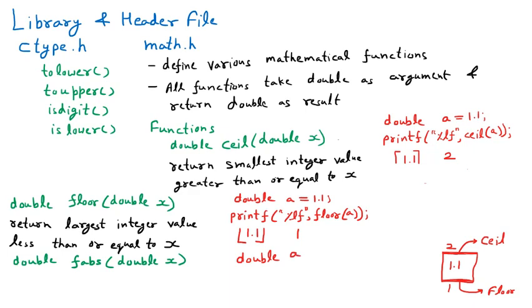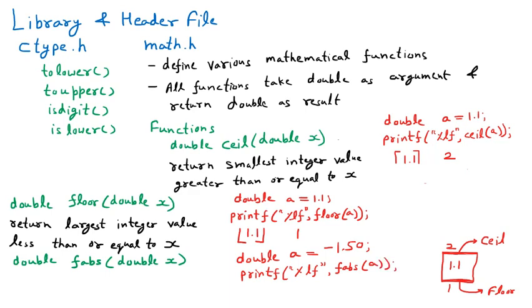The example which I am opting is, let us suppose that we are having double a is equal to minus 1.50, and if we are going to print it, we are saying printf, then %lf for the double printing, comma fabs(a), finding the absolute of a.